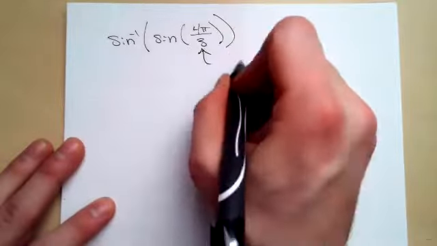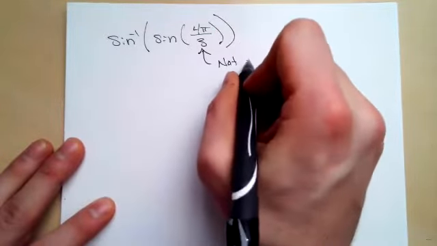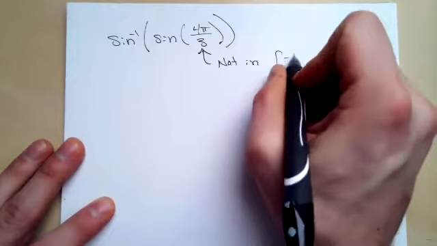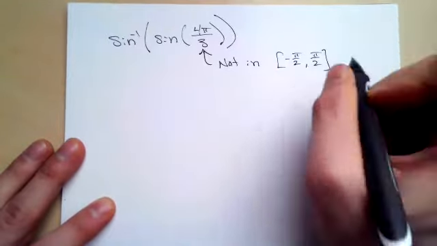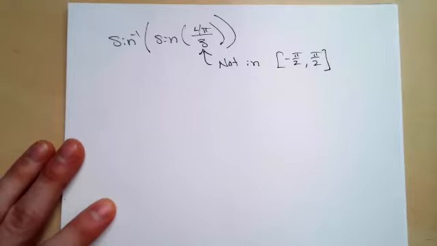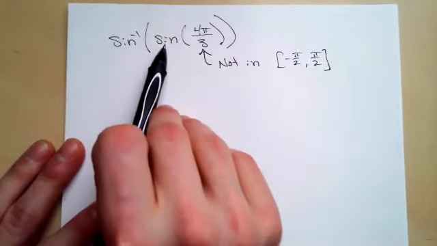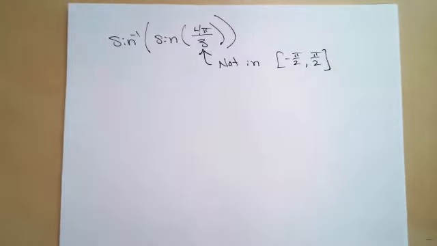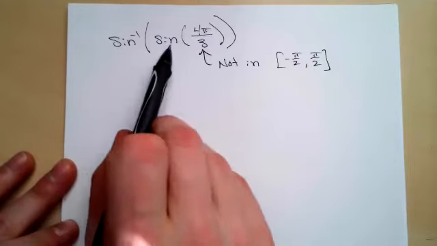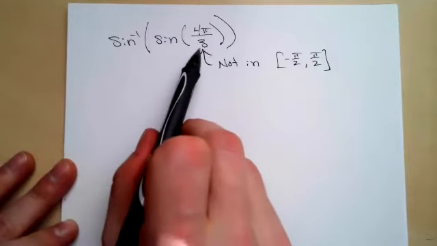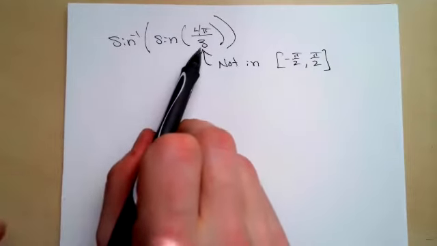So 4 pi over 3 is not in minus pi over 2 to pi over 2. Meaning this sine function, while still having the same properties of sine, is not how we created this inverse sine, because the domain of this function is bigger than what we needed. It's too big for what we need, actually.